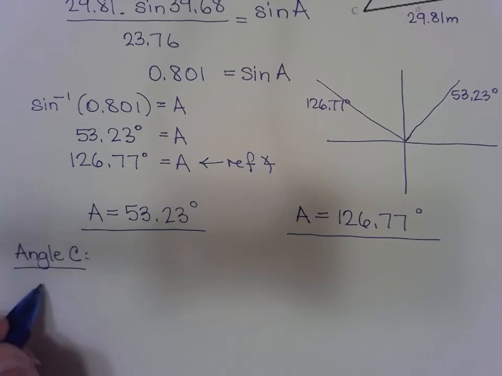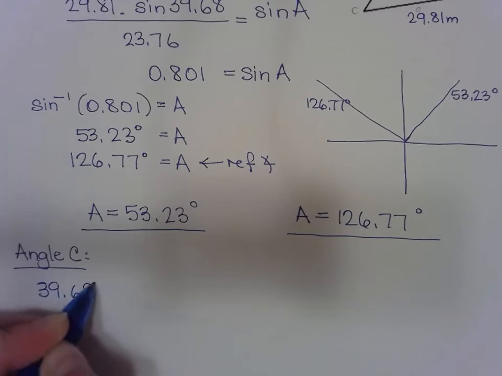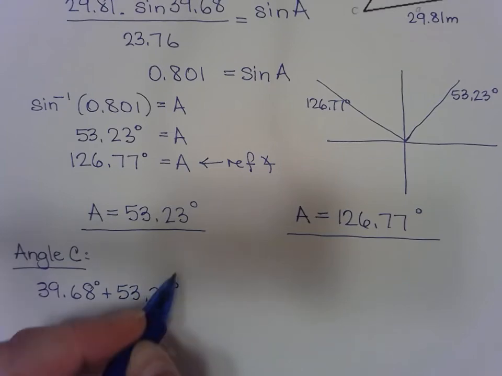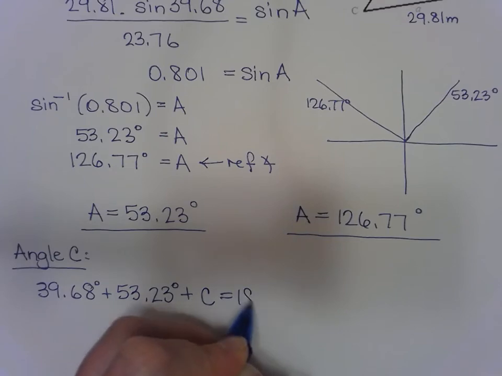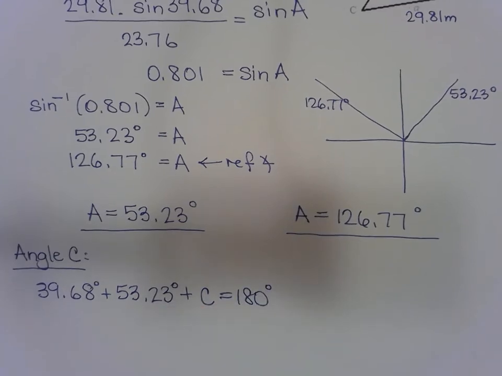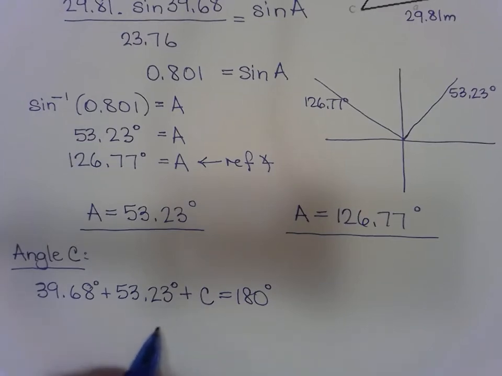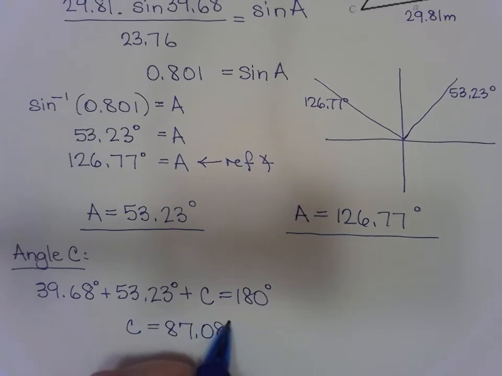So we can add up, right? We have one angle already, 39.68. We just found this one. All right, so if we add that up, and then we subtract it over, I'm just going to do it all at once, I hope that's okay. That's going to give us 87.08 degrees.